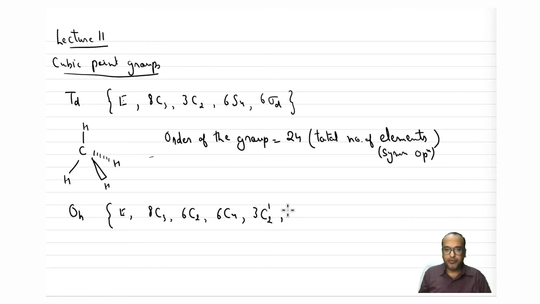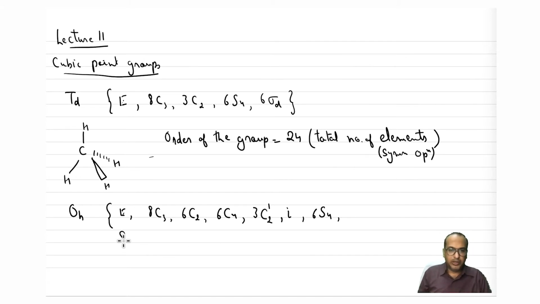We have I, 6 S4. So as you can see there is a large number and it is difficult to remember all the symmetry operations, unless you actually draw the molecule and try to identify all the symmetry operations.